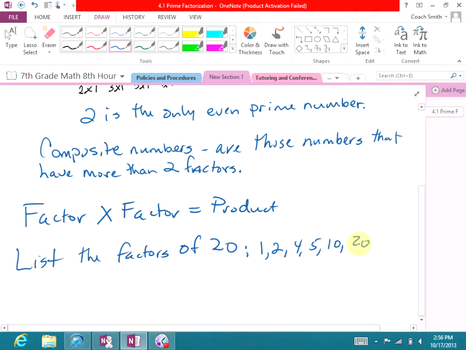Okay, look at the factors of 24. Factors of 24 would be 1 and 24, 2 and 12, 3 and 8, 4 and 6, and that's it.